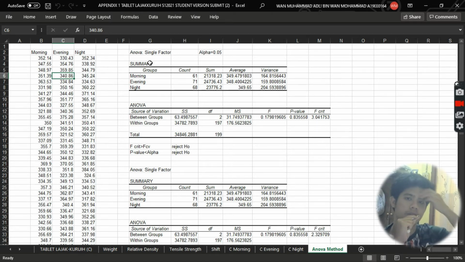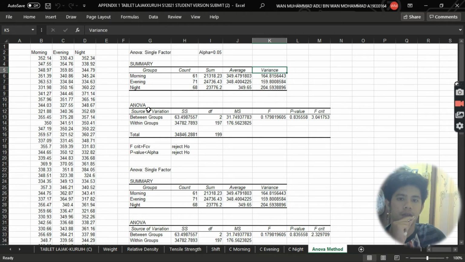For ANOVA we use ANOVA single factor, where we assume alpha is equal to 0.05, and this is the summary for each group, morning, evening, and night. And we got the count, sum, average, and variance.